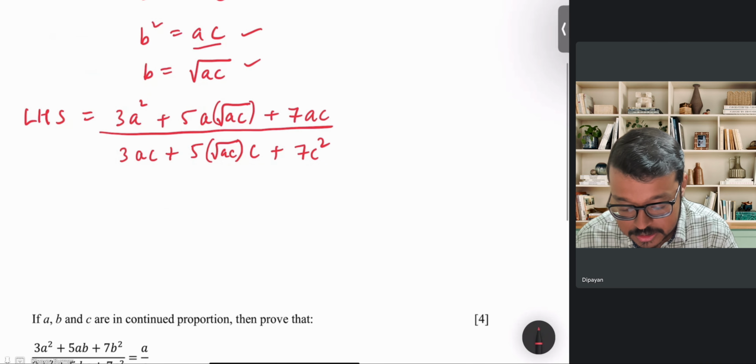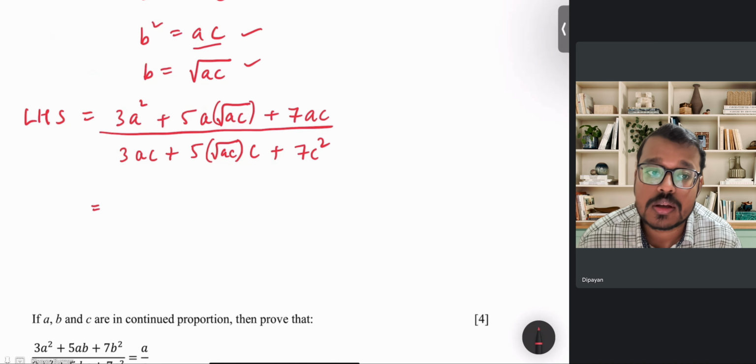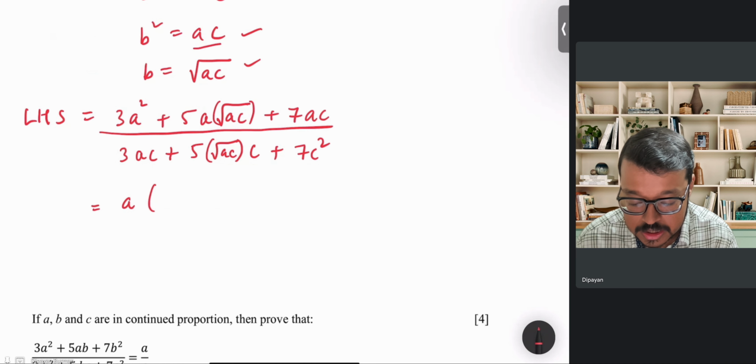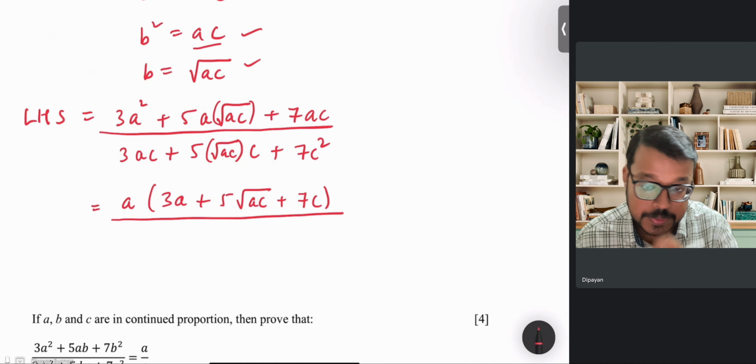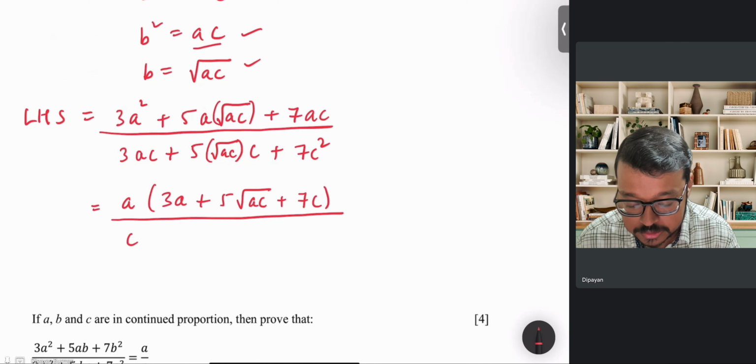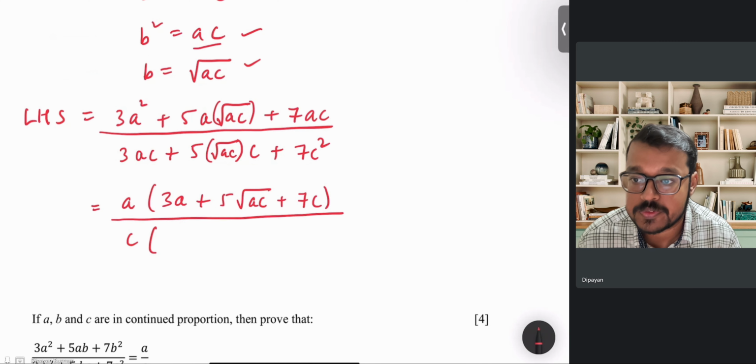Now if I look at the numerator, I see that A is common in all the three terms, so I can take A as a common factor. So A multiplied by 3A plus 5 root AC plus 7C, divided by, now if I look at the denominator, C is common in all the three terms, so I can take C as a common factor.